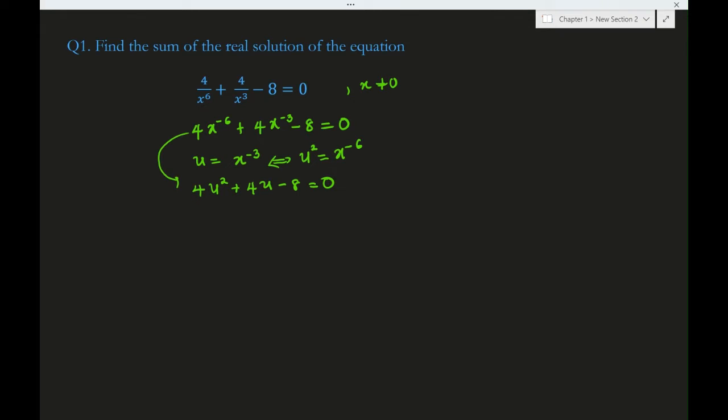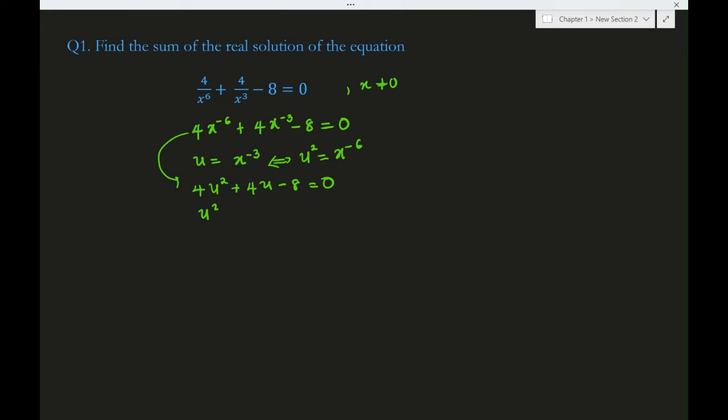Now, I've seen a lot of students do this. If you let u be x to the power minus 6, what will be the problem? u squared will be x to the power minus 12. So this won't work.